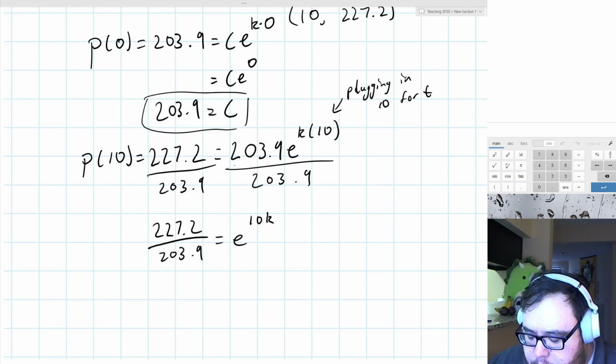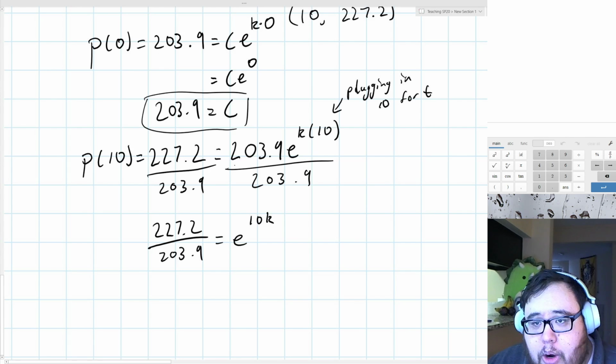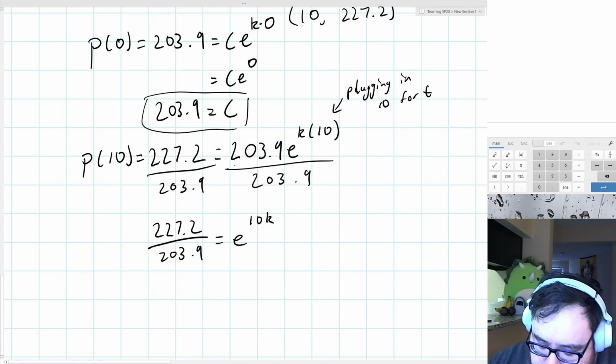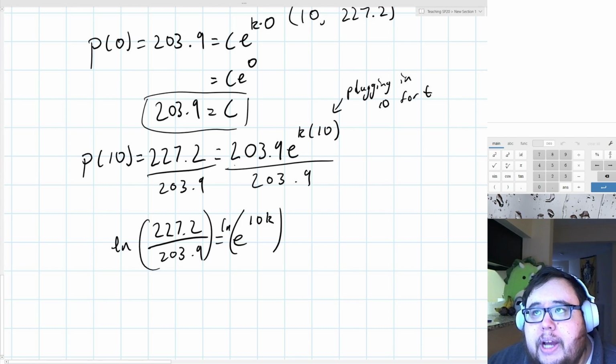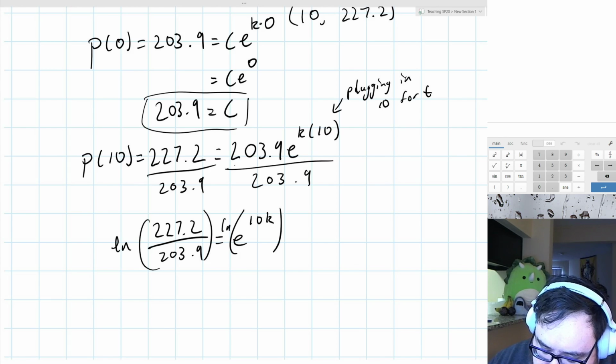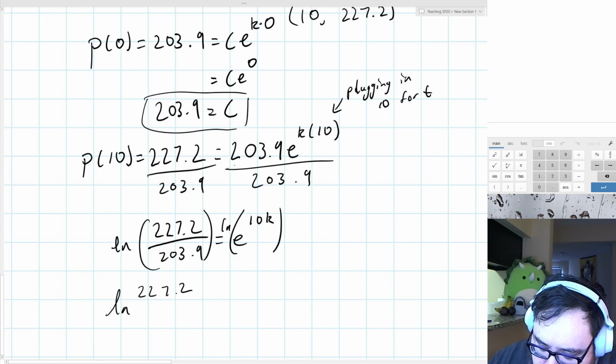So at this point, we have some number is equal to e to the power of something. So we can either apply a natural log to both sides, or we can just rewrite this as a logarithmic expression. I prefer to think of it as applying a natural log to both sides. On the left-hand side, that's going to give us just ln of 227.2 over 203.9.